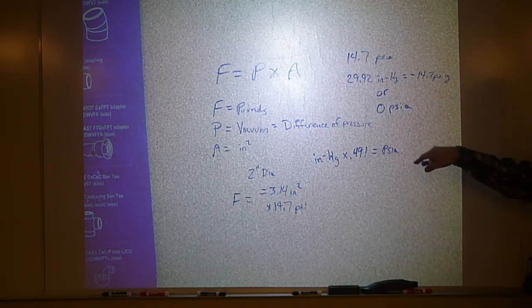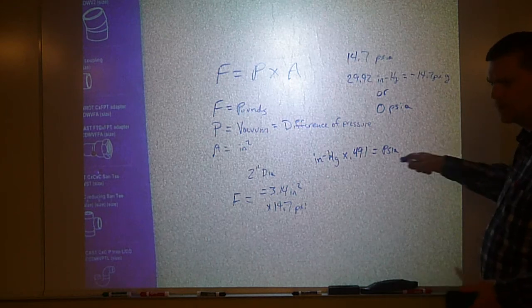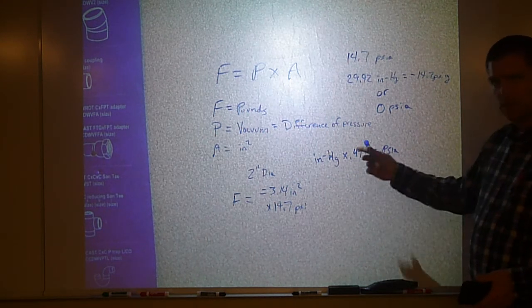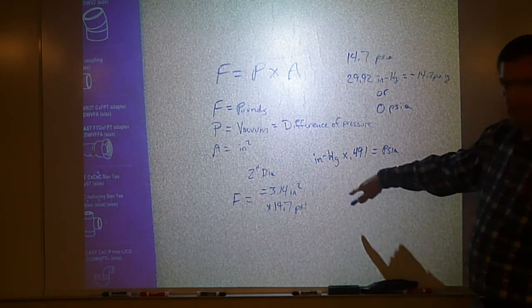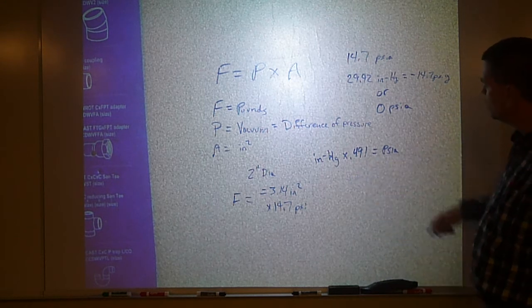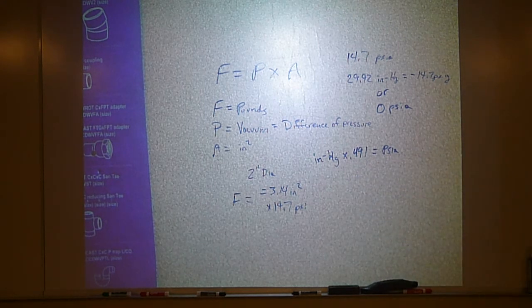I know I gave you guys 2.035, I think. You could divide inches of mercury by 2.035, usually the same number. Either way it works, it's just math in reverse. Anyway, that's that.